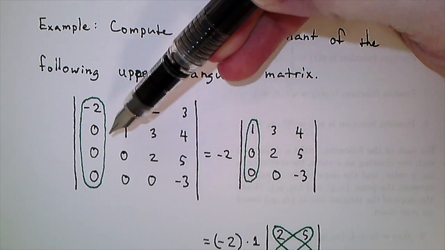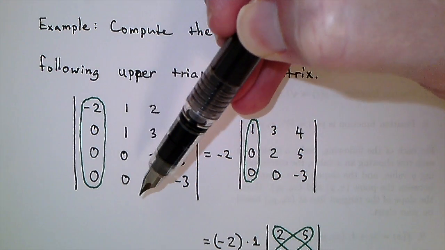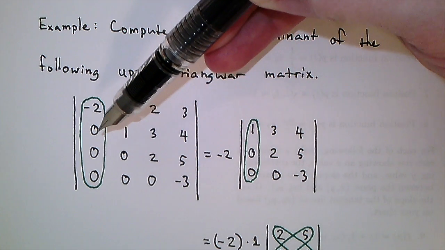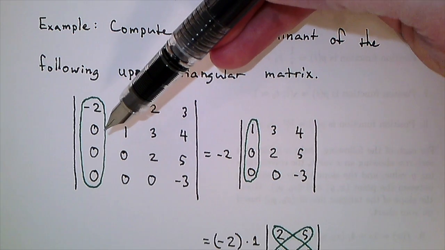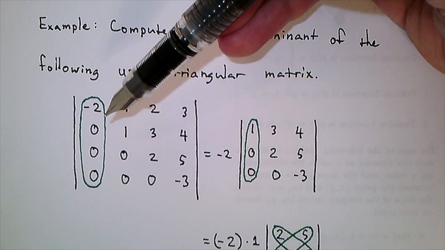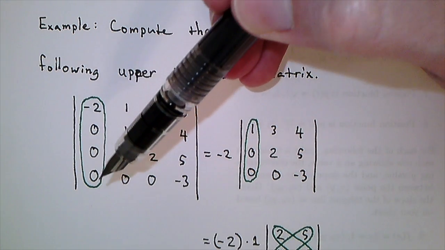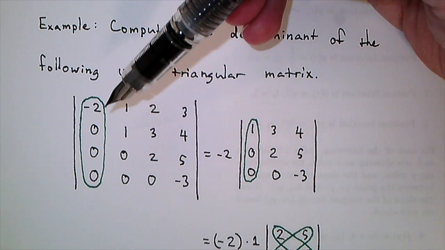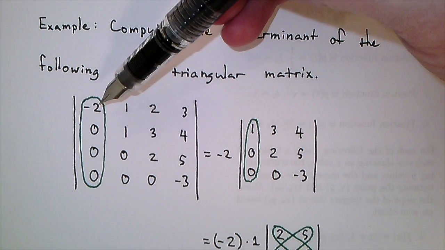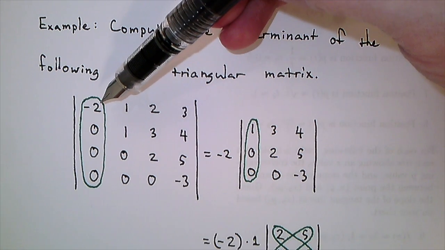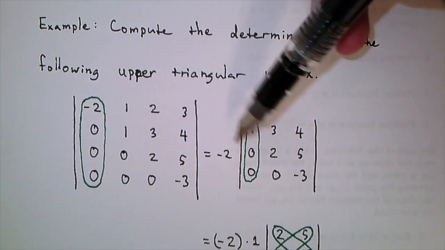And notice that everything below the main diagonal, these 6 entries, are all 0. So now I want to compute the determinant. I'm going to pick the first column because it contains 3 zeros and only 1 non-zero entry. So when we do its cofactor expansion, we have minus 2 times its cofactor.